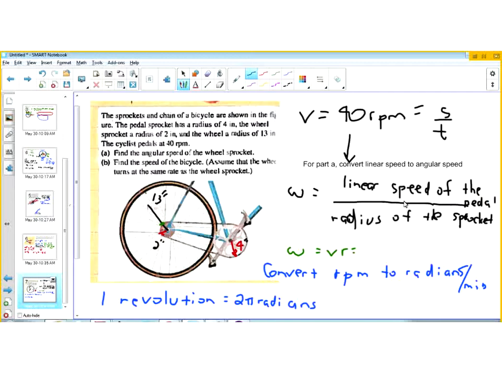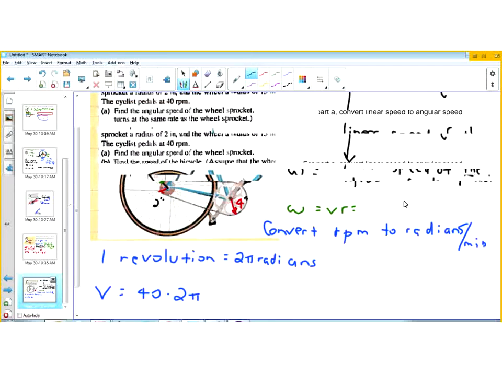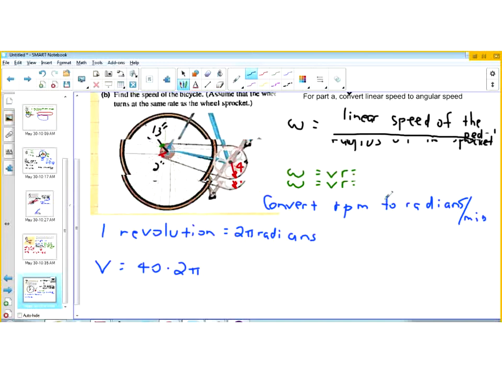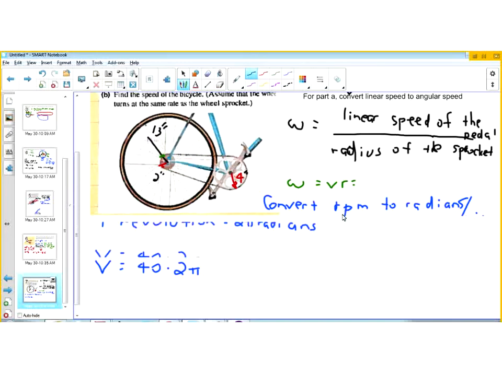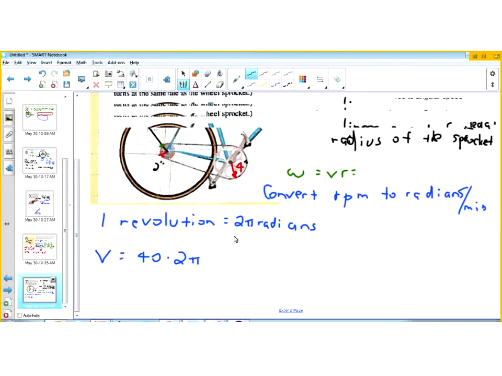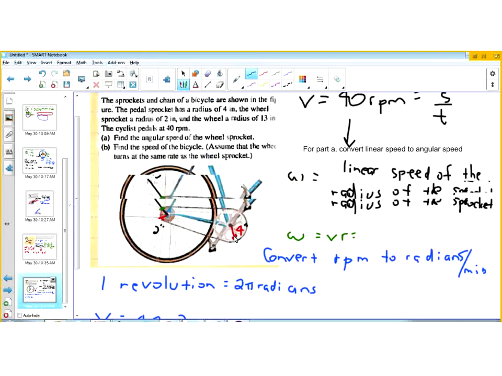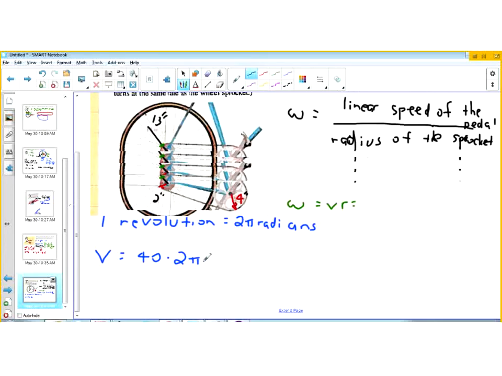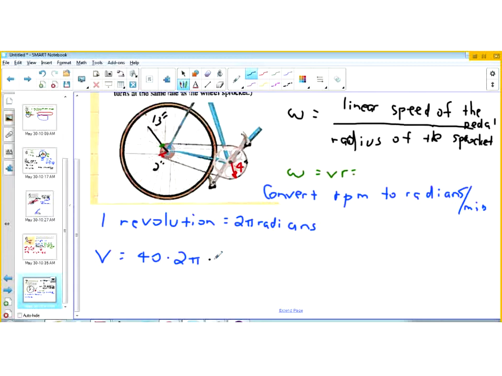I was hunting for an R value to convert the revolutions per minute into a linear speed. So the cycle is pedaling at 40 revolutions per minute, and this 40 revolutions per minute is determined by the linear speed of the pedal.